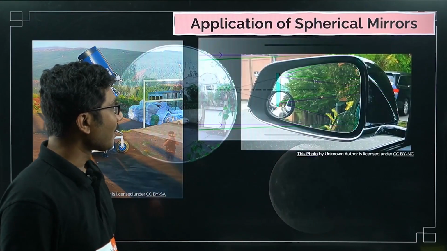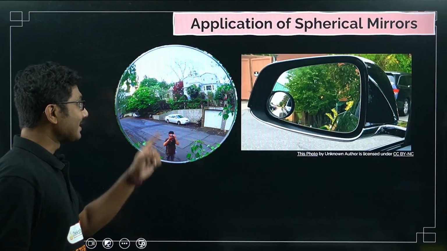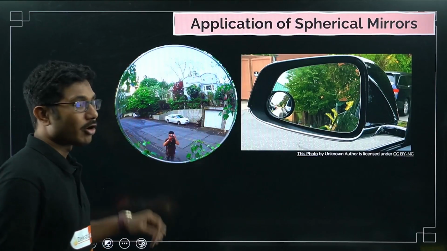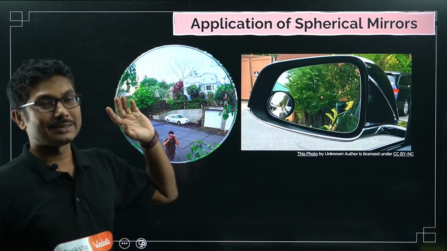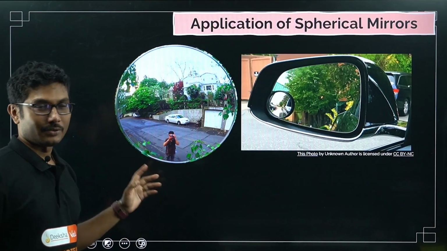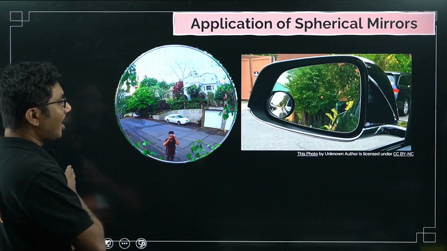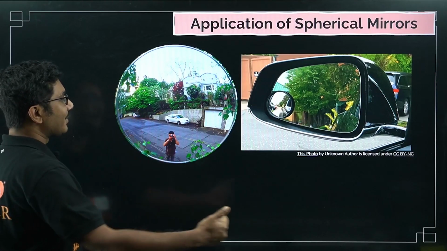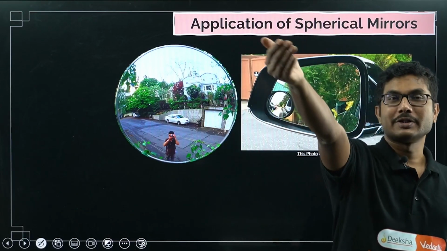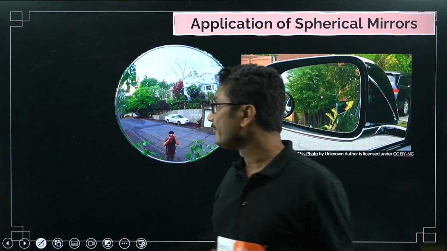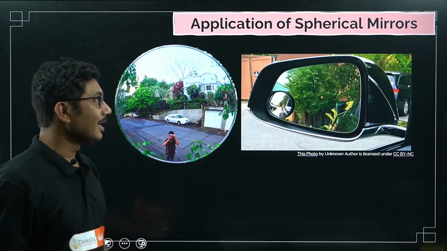Now, as I said, in supermarkets or the corner of your home you might have seen this kind of mirror. This is a convex mirror. This gives you a total view from this side as well as that side. Whenever you are coming from some angle, you can see whoever is on the other side, because it has a very high area of reflection.